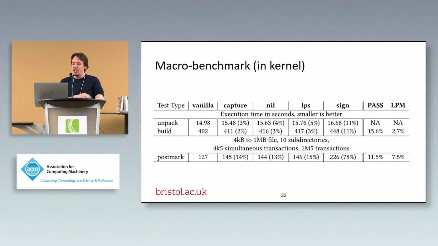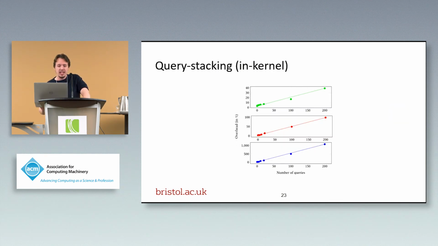And what we see here also is that Postmark is really heavy on system calls, and the more time you spend doing system calls versus doing computation in your program, the higher the overhead will be for the macro benchmark. So we see, for example, for the signature, it's 78% overhead compared to the vanilla execution.